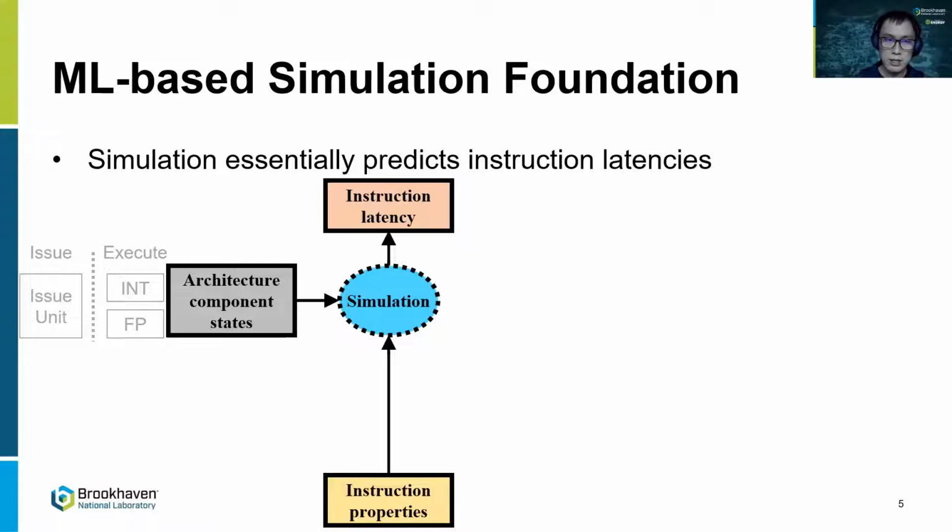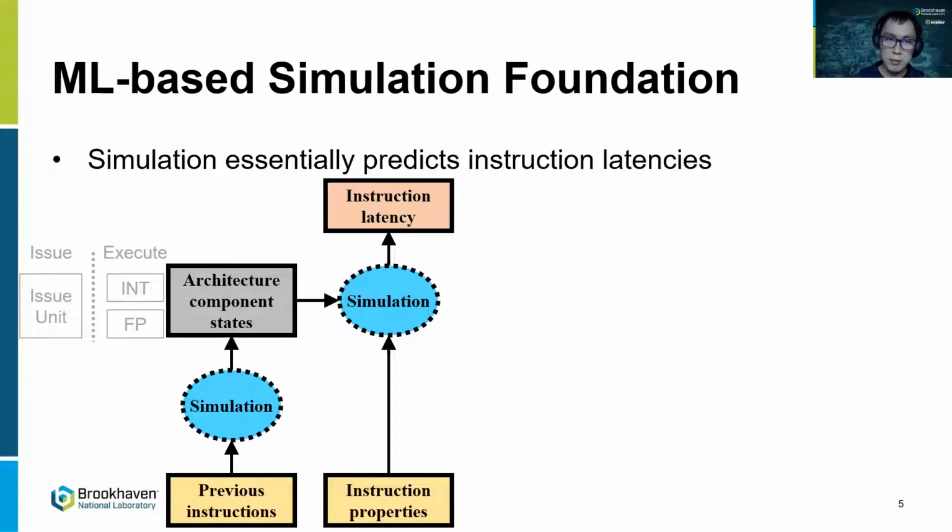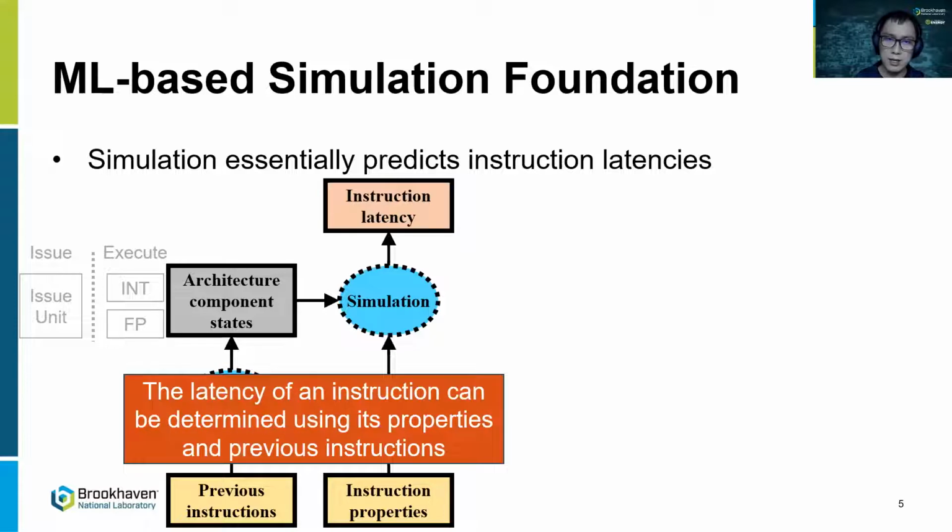And the architecture component states are decided by the previous instructions through the simulation process. So from this figure, we can see that the latency of an instruction is essentially decided by its own properties as well as previously executed instructions.